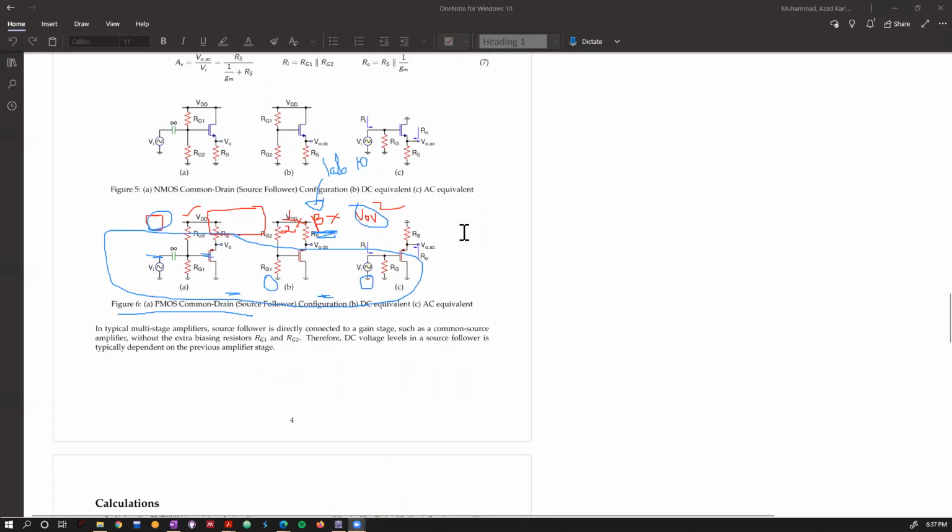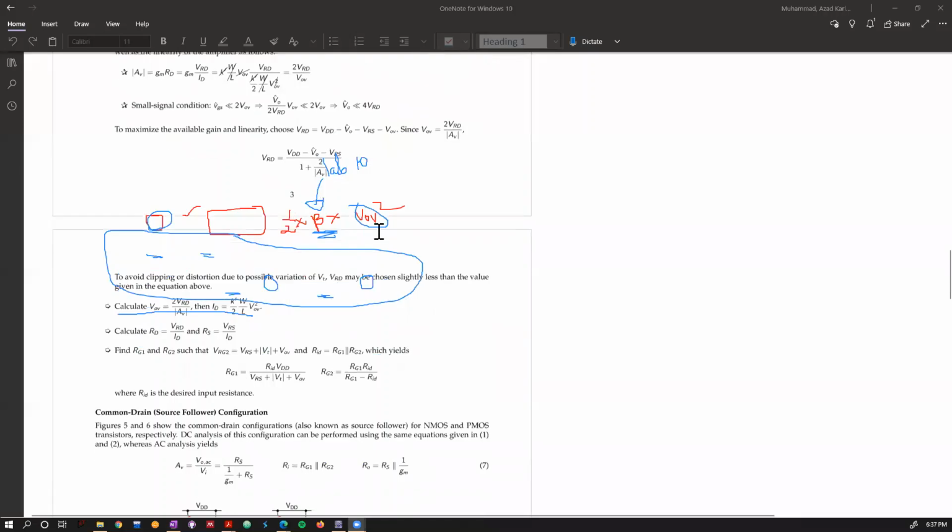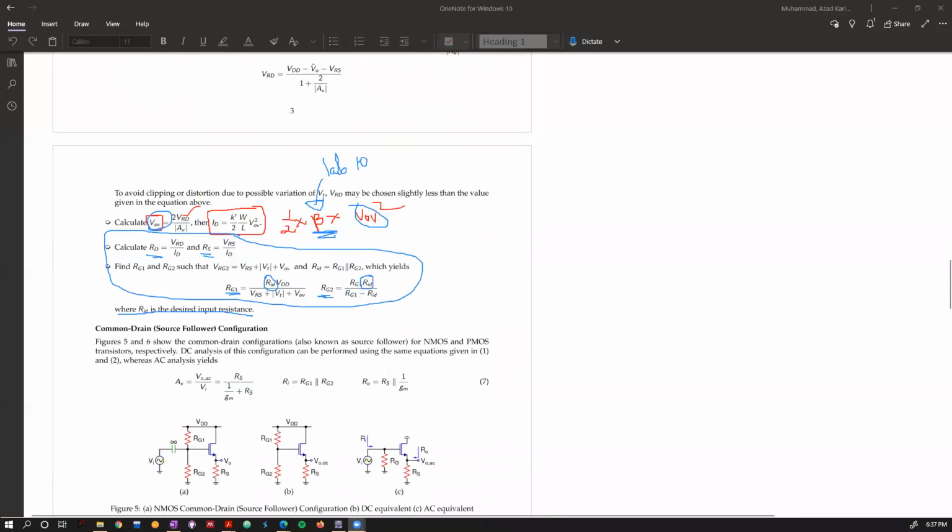Let's see what our desired input resistance is. It says your input resistance should be at least 10 kilo ohm. So you can choose 10 or 15 kilo ohm as your RID, and you should be good to go. So RID is something you choose based on the requirements. You can choose any value greater than or equal to 10 kilo ohm.